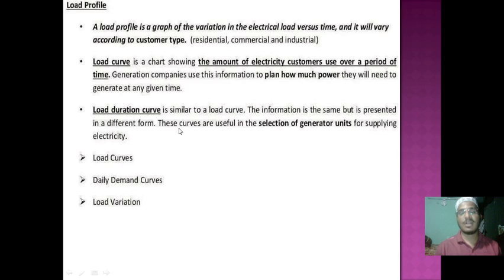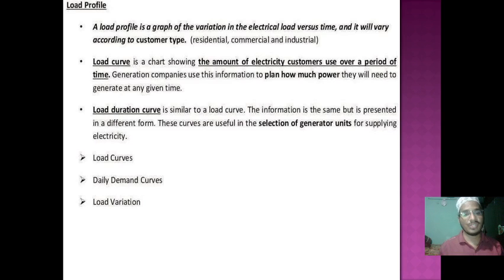Why is it different? Because these curves are usually useful in the selection of generator units for supplying electricity. In the load duration curve, we consider how much electrical power is generated for supplying electricity, and as per the generator units, we consider the load variation curve.